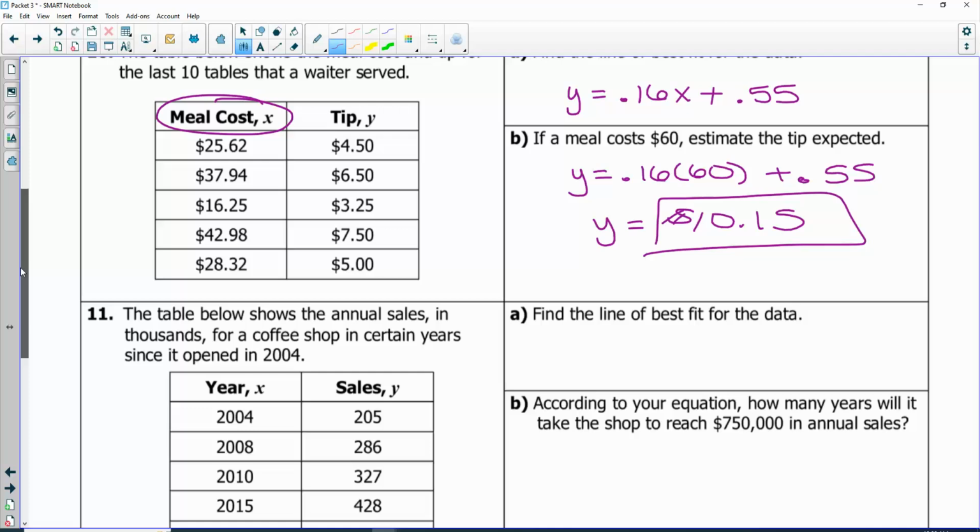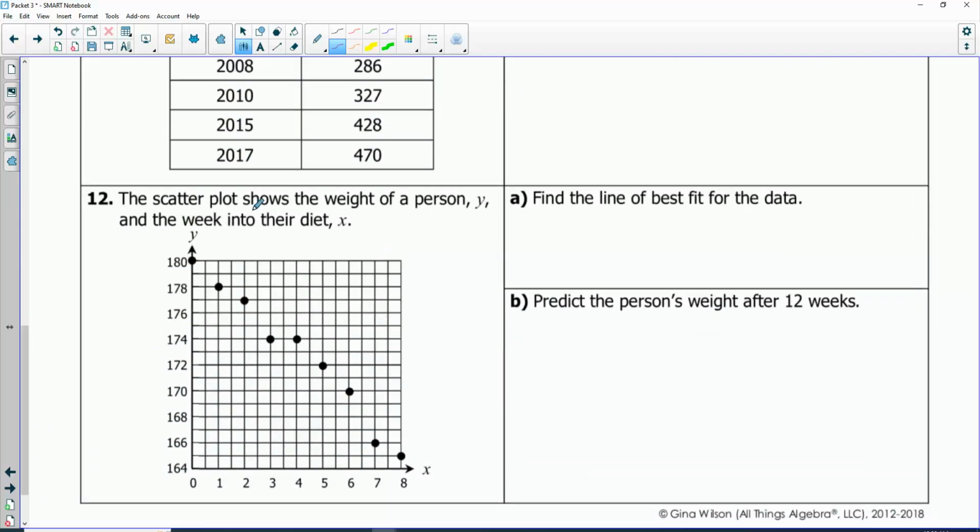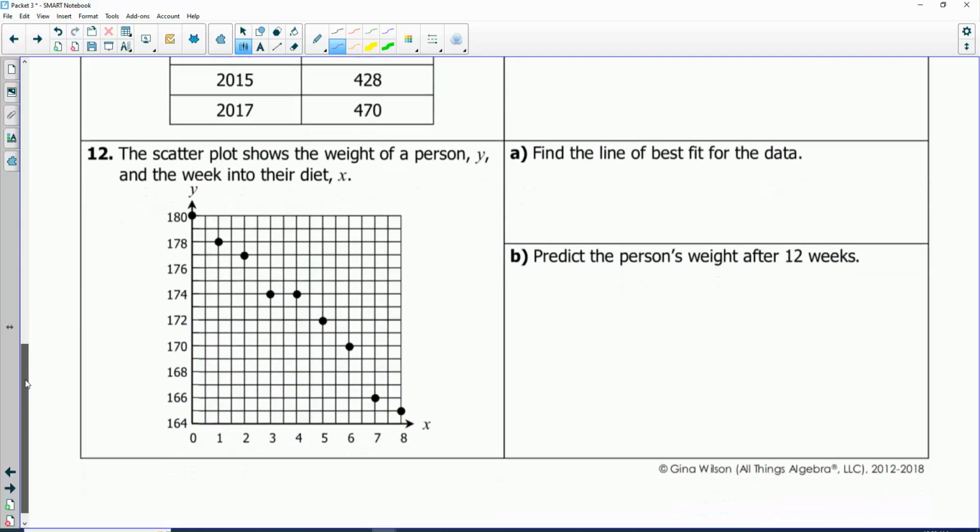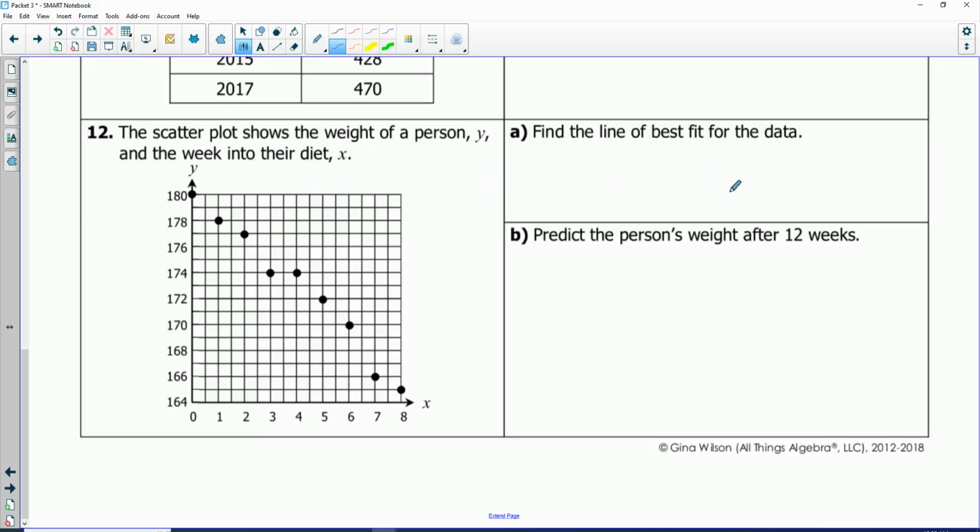The very last problem I am doing today, going down to number 12. Sometimes on the EOC they give you a scatter plot and ask you to find the line of best fit. So remember, for the line of best fit, you're just looking for a line that follows the pattern of your points, kind of goes approximately through the middle. There are different ways of doing this. You could do it on the calculator as well.